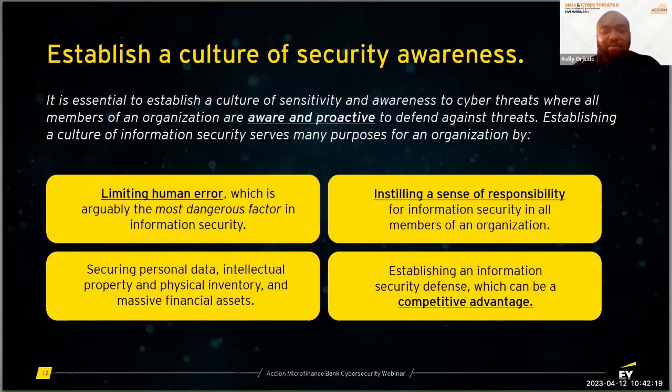So the most you can do is to limit human errors, because when there are human errors, hackers will just come in, right? And of course, there are personal and intellectual properties that businesses have. It is very important that you learn to protect them. And there are various ways that you can protect them: by encryption, ensuring that access to that personal information is only available to those that need it, right?